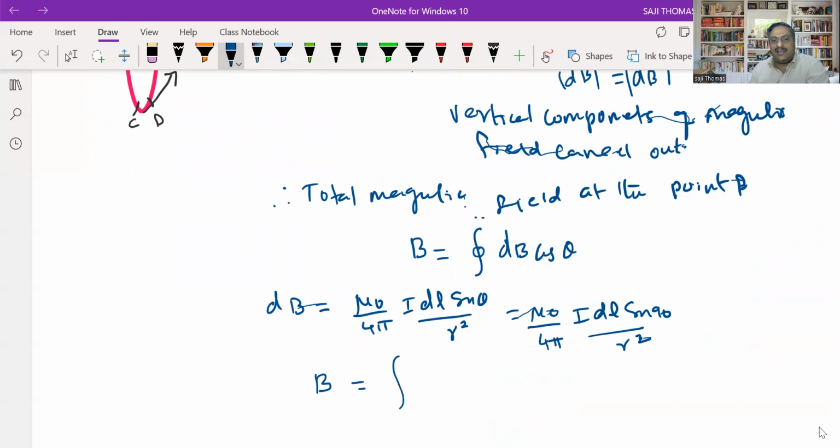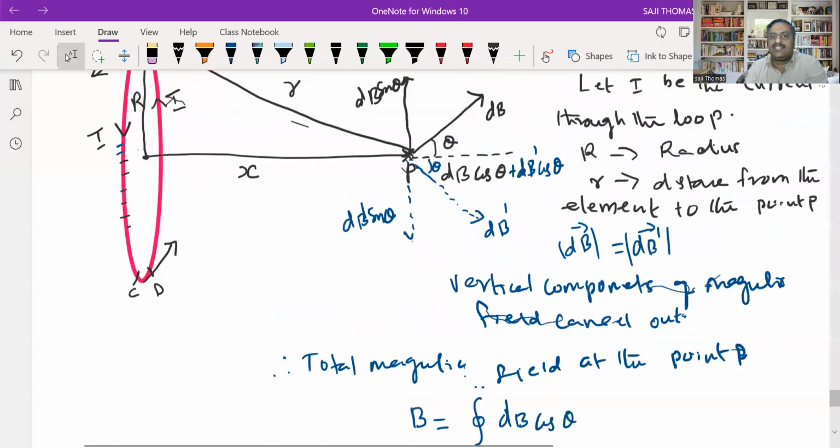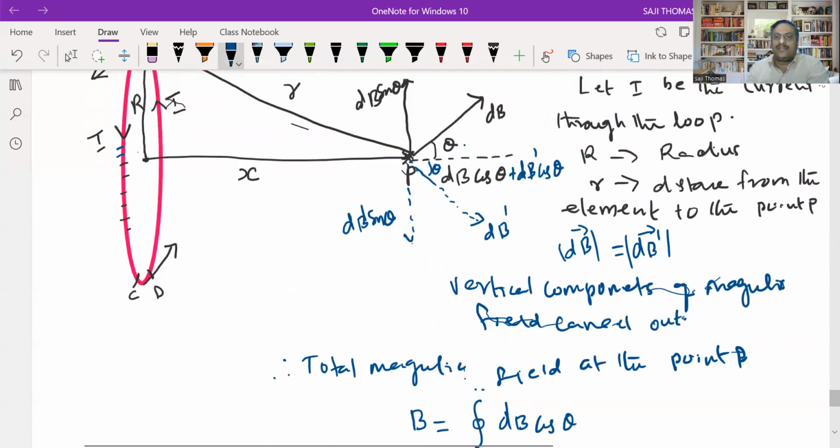Integral dB. What is dB? Mu 0 I dl by 4 pi r square sine 90 into this cos theta. That cos theta is different. That theta you can see in the diagram: the angle between the magnetic field and the x-axis. To avoid confusion, I make it another letter, beta. Theta I am making as beta here to avoid confusion.